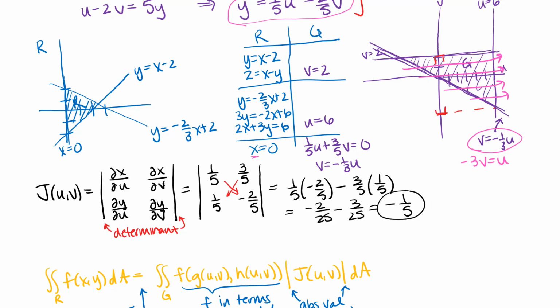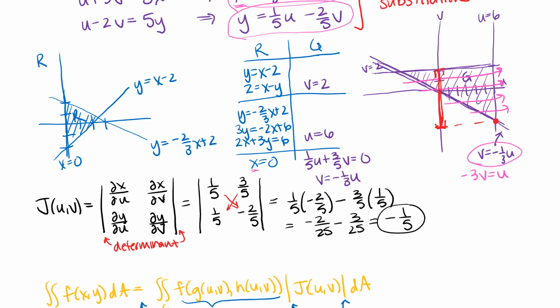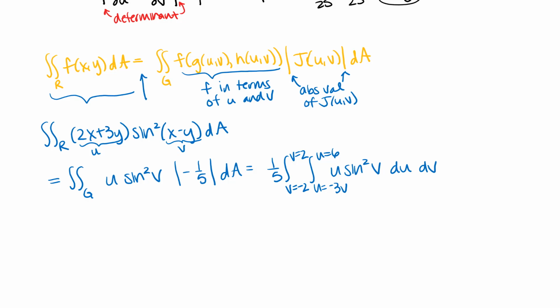So that means I will need to find the uv coordinates of the point at the bottom of that. So that would be when u equals 6 intersects v equals -1/3 u. So I get the point u equals 6, and v would be -2. So our v interval will go from -2 to 2. Okay, so now I'm going to go ahead and do this integration.